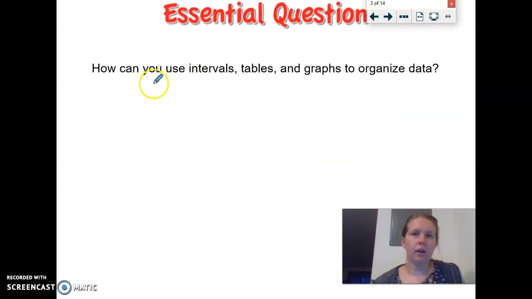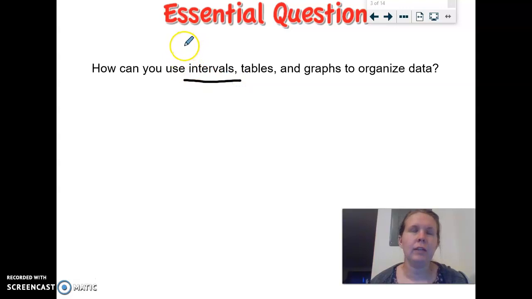All right, so an essential question: how can you use intervals, tables, and graphs to organize data? This is what we're going to be looking at. We're talking about those intervals, like with your NWA scores, something between 230 and 235. That's what they mean by intervals. Tables are tables that you've seen before.